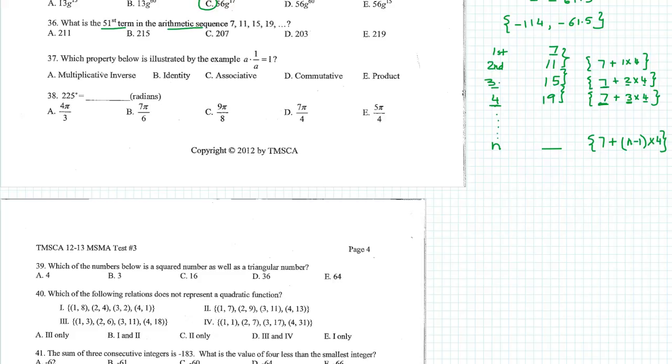So if we are on the nth term, where n is any number greater than or equal to 1, the general formula is 7 plus n minus 1 times 4. For the 51st term, we will use 50 times 4. So this will give us 7 plus 200, which is equal to 207. So the correct answer is C.